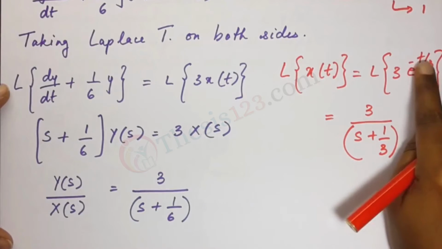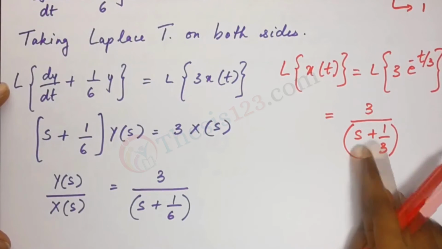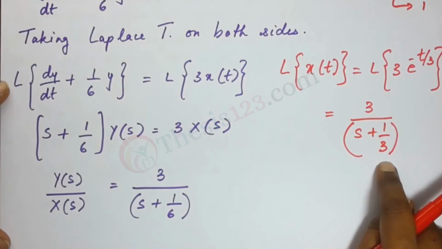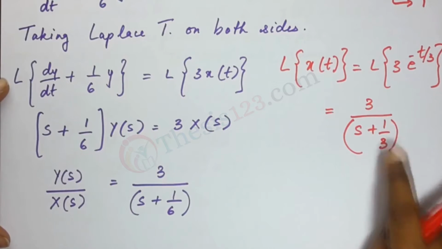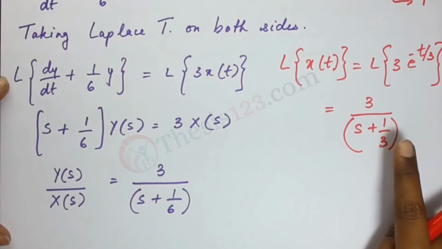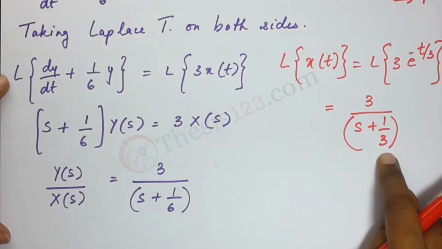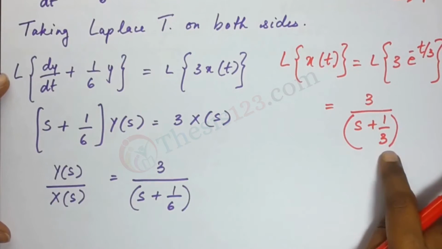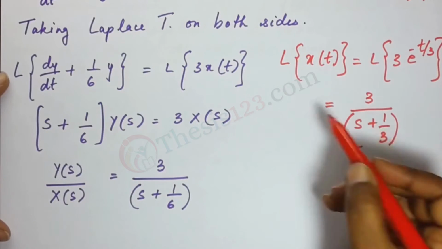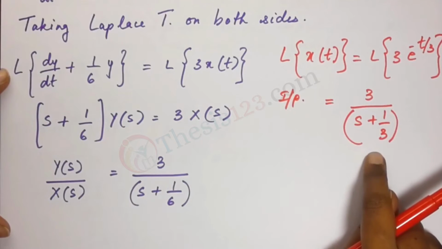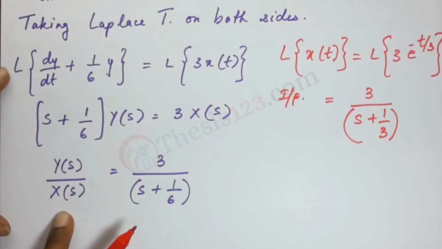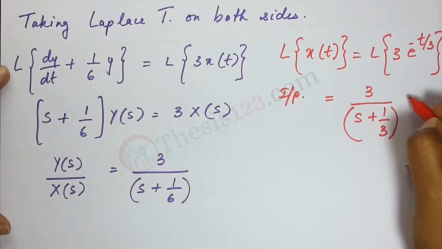The Laplace of e^(-t/3) is 1 divided by (s plus 1/3). Now I suggest that you keep the list of formulas by you while you are solving this. That will help you out. Okay, so this is our input, X of s.